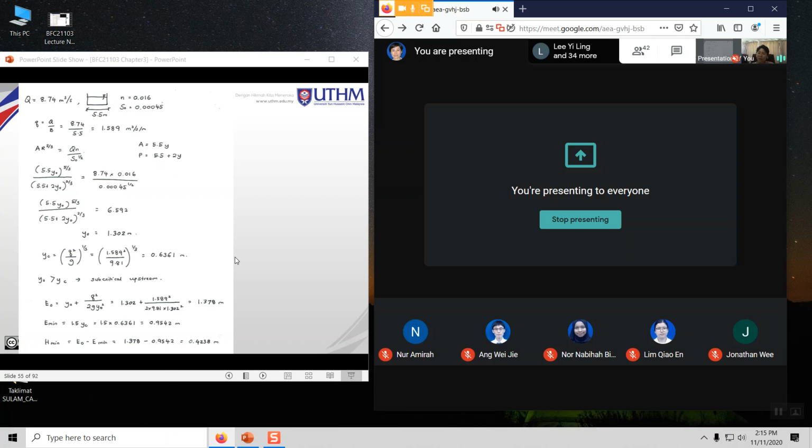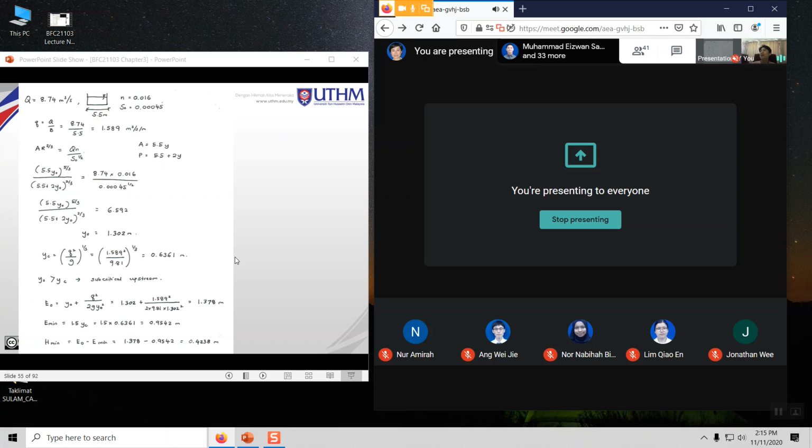Then the depth of critical flow, for rectangular, I can use this formula, which is the cubic root of Q squared over g. So I have 0.6361 meter. Then what's the next thing I wanted to know, because I don't know whether it's case 1, 2 or 3.